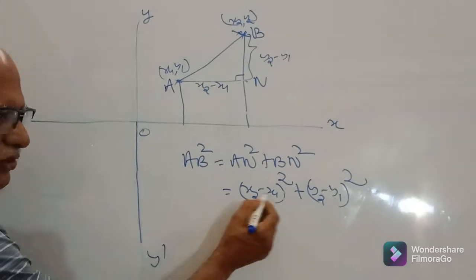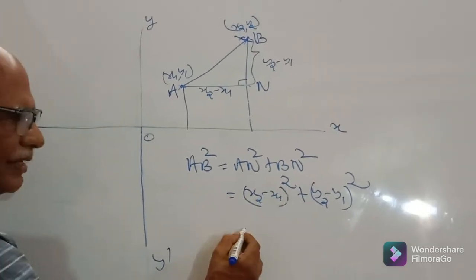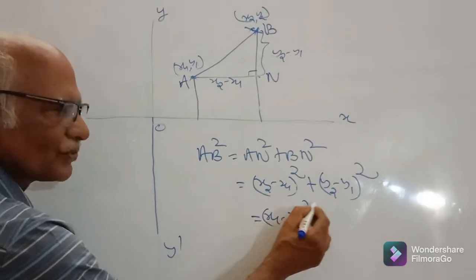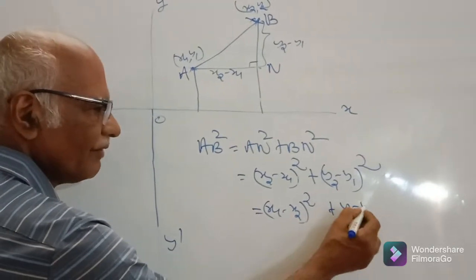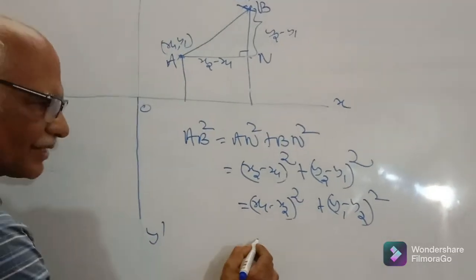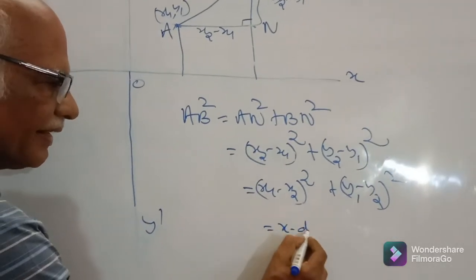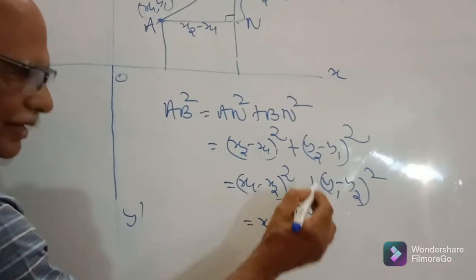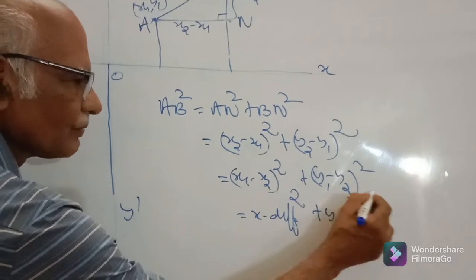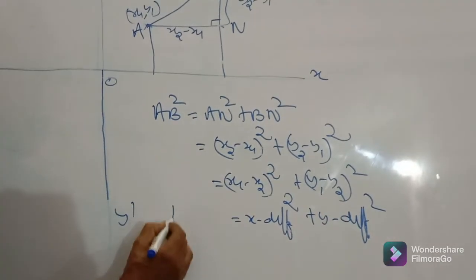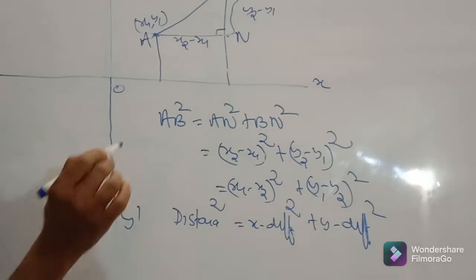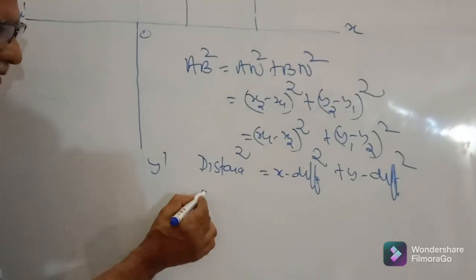Now you can see x2 minus x1 the whole square is also the same as x1 minus x2 the whole square plus y1 minus y2 the whole square. So this is actually x difference square plus y difference square, and this is distance square.